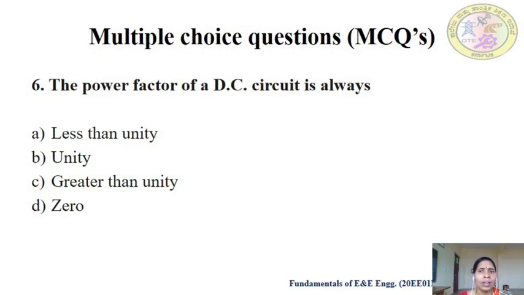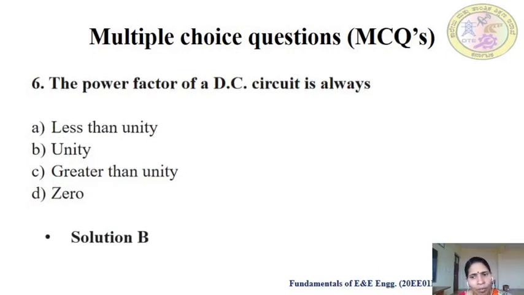In an AC circuit we have resistive load, inductive load and capacitive load, but in a DC circuit we have only resistors. Therefore the power factor of a DC circuit is always unity, because for a resistive load the voltage and current are always in phase. Therefore the angle difference between voltage and current is 0 degree, so cos 0 is equal to 1. That is unity power factor.